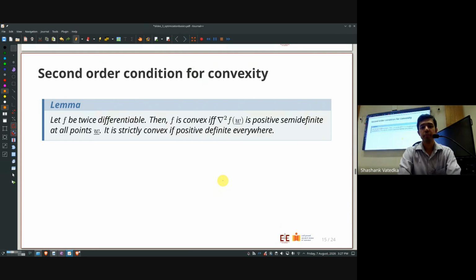Any questions? All right. Now, here's a more familiar second order condition for convexity that you would have seen, which is that if f is twice differentiable, then the function f is convex if and only if the Hessian is positive semi-definite at all points. And it is strictly convex if it is positive definite everywhere. How do you define positive semi-definiteness?